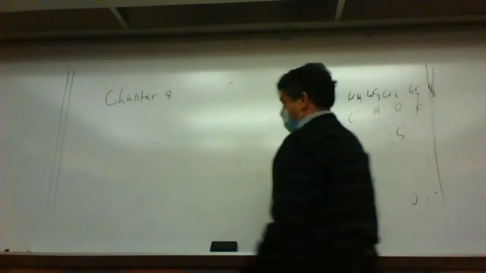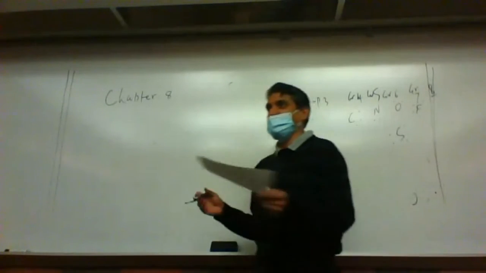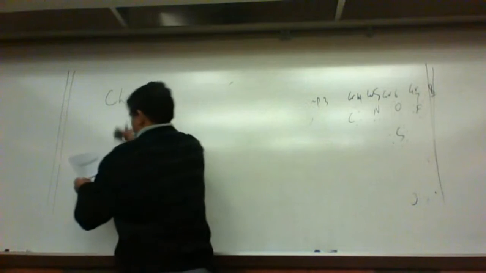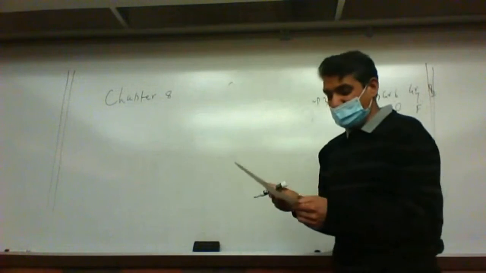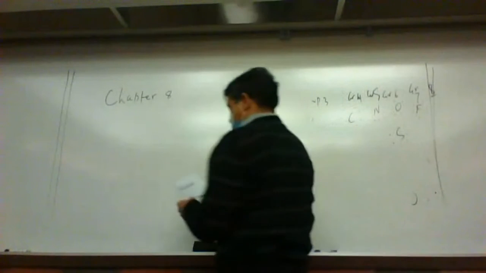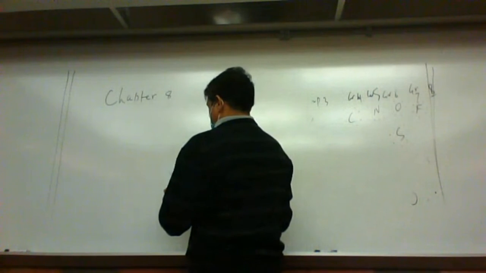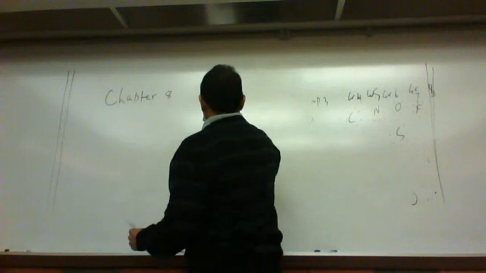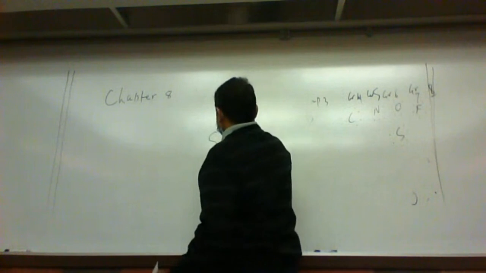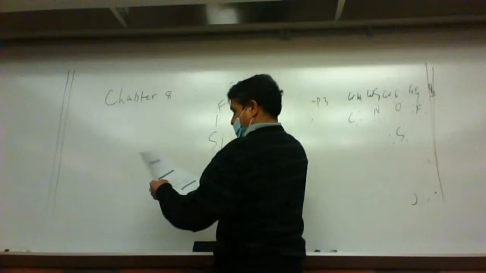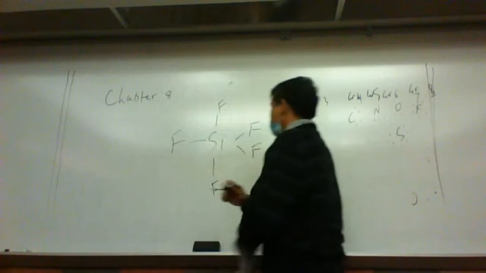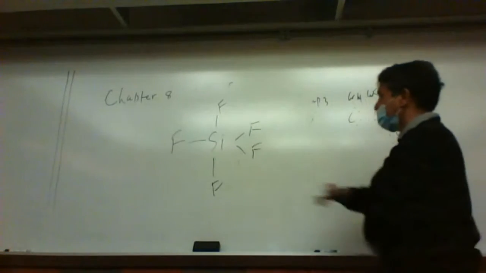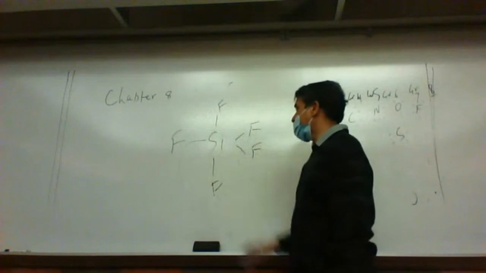Now, we are really moving fast. Although this chapter looks long, there are not many concepts. There are a couple more concepts, and then we will be done. Some molecules don't follow the octet rule. Go to slide number 5. Here is silicon, bonding with fluorine, another fluorine, fluorine, and fluorine. Silicon is bonding with how many atoms? 1, 2, 3, 4, 5.